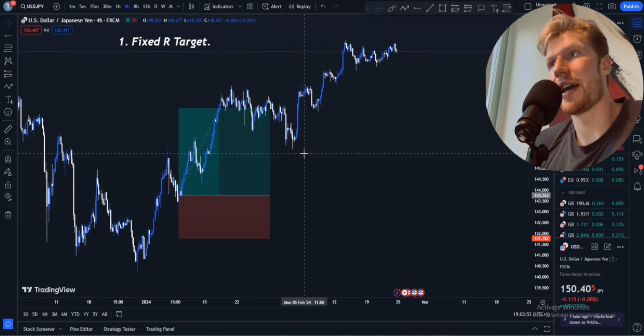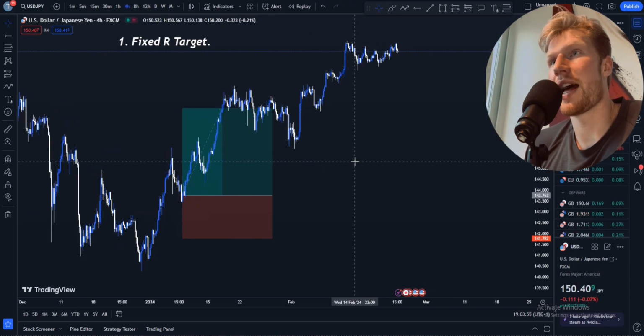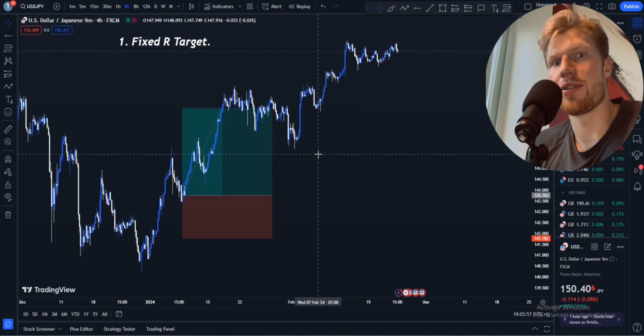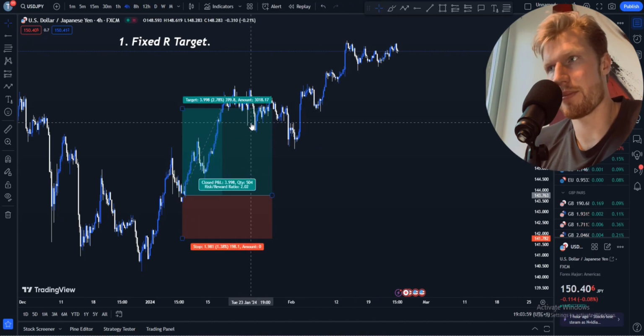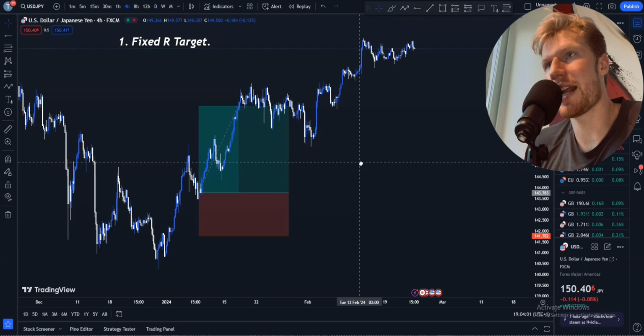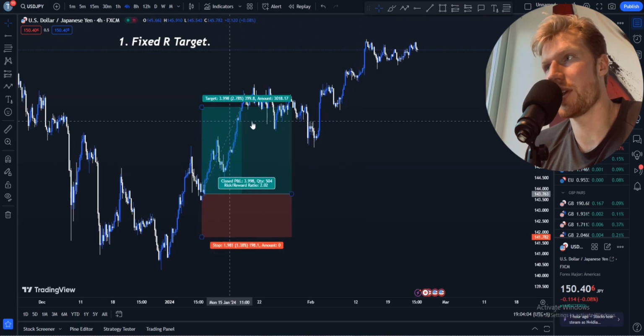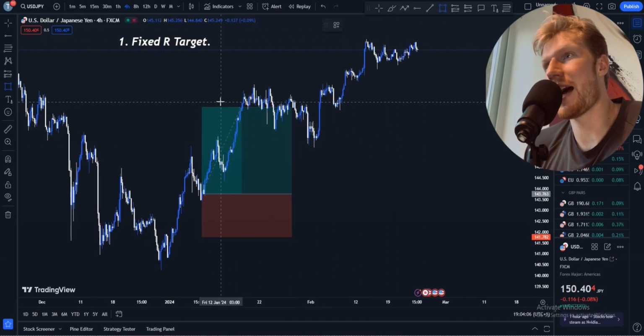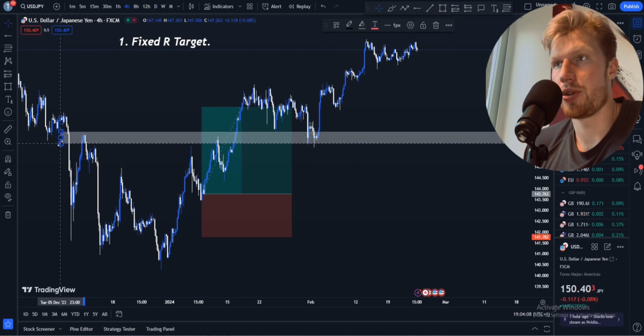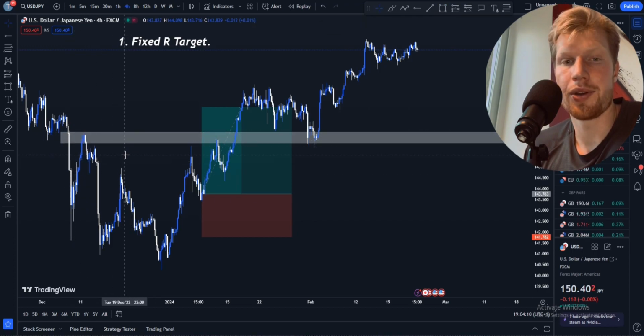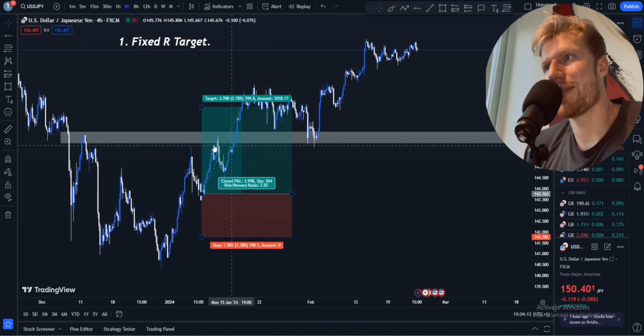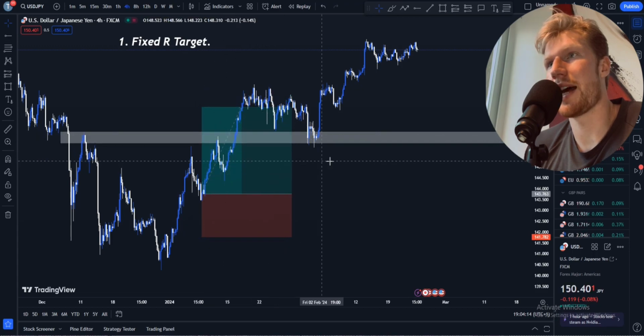The downside, however, in my opinion, is that you aren't actually considering anything to do with price, right? So I could have my TP set at 1 to 2, and I could have a huge resistance right here, right? It's highly unlikely price is going to penetrate that resistance.